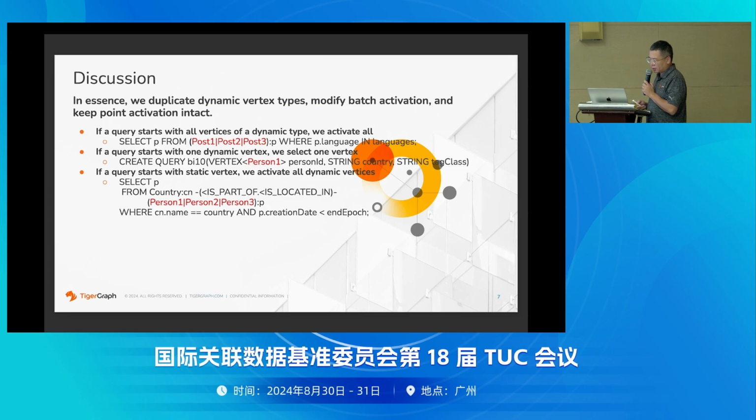And if a query starts with a static vertex, we use that static vertex to follow the traversal pattern, and if it touches a dynamic vertex type, we include all the duplicate dynamic vertex types of the original one to bump the reach of this query.